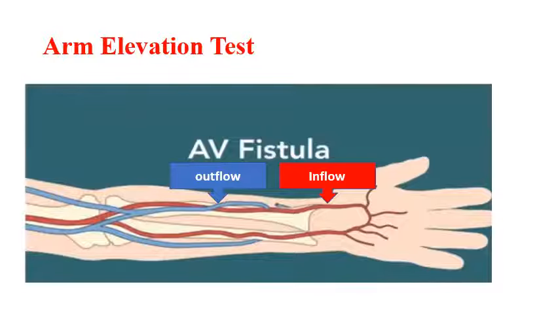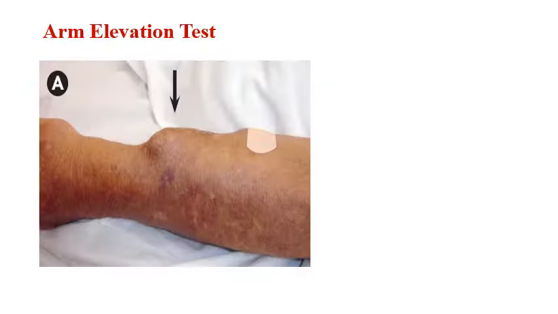Usually when the patient is lying in supine position, you can see that the AV fistula is elevated above the surface of the skin like in picture A. When you do the arm elevation test, you raise the arm of the patient above the level of the heart.